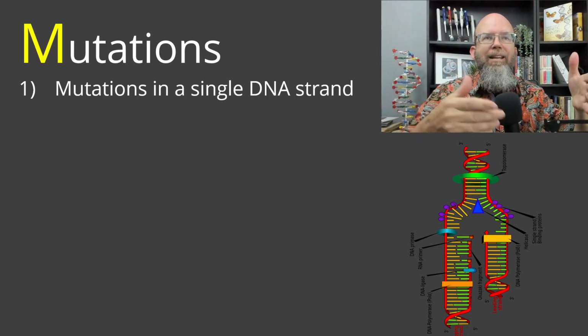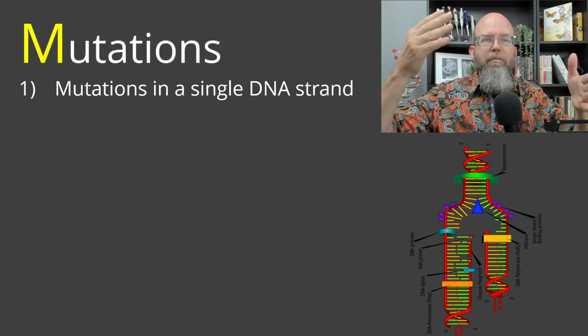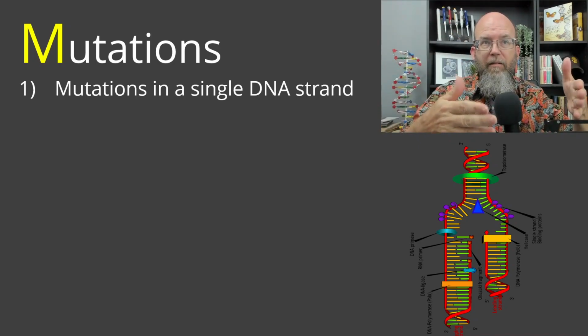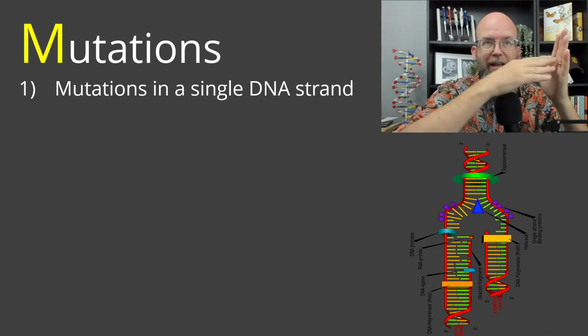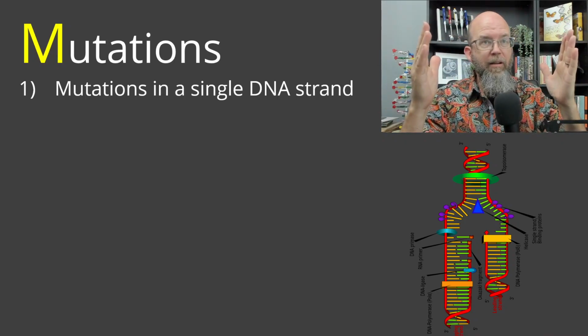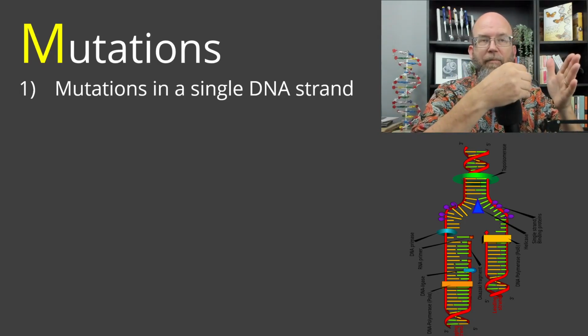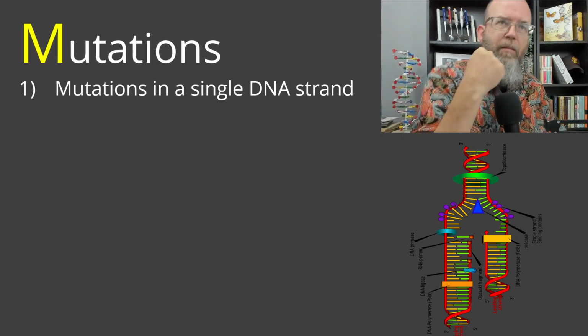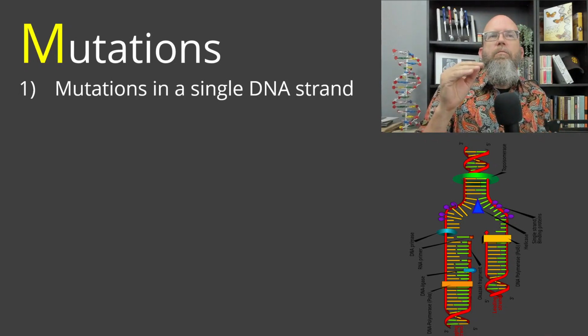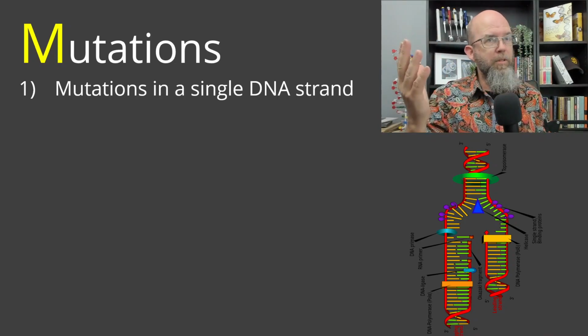It's not the original base pair that should have been there. On the other strand, there was an A and there was a T. But this one, when it got copied, it made an A and it made a C. Okay, so now we know that that's where mutations happen, at least point mutations.